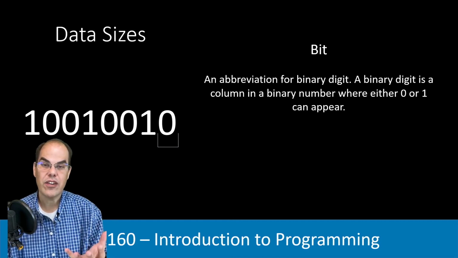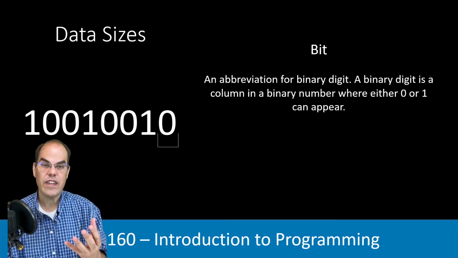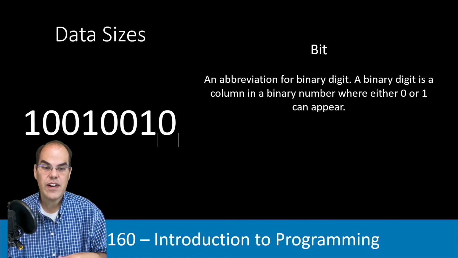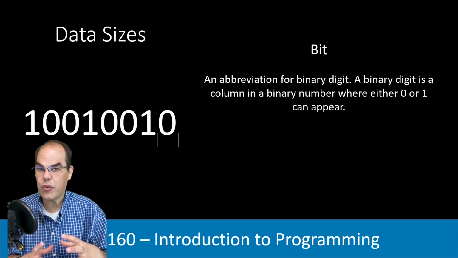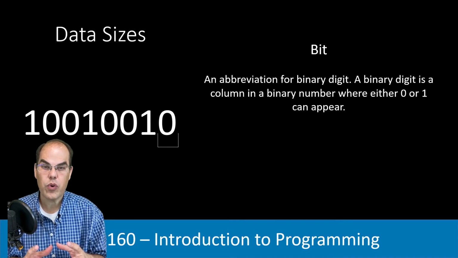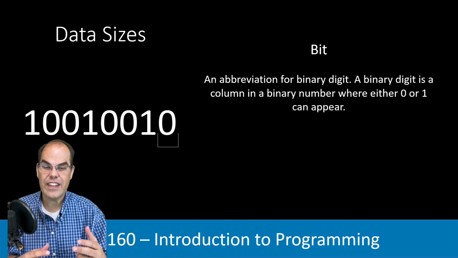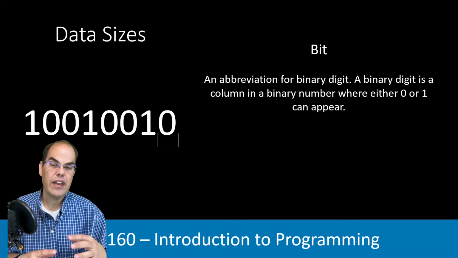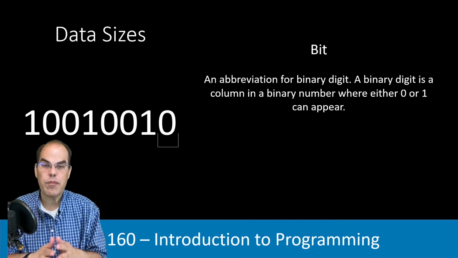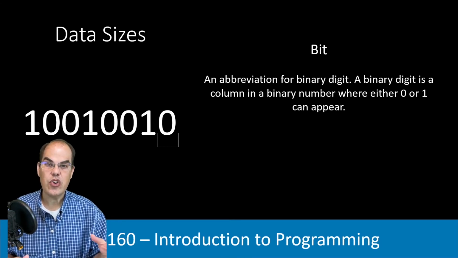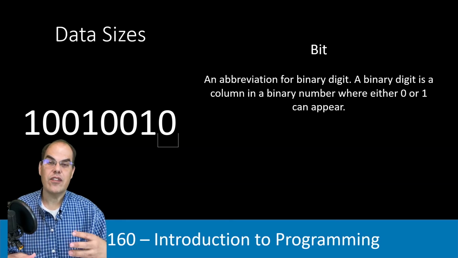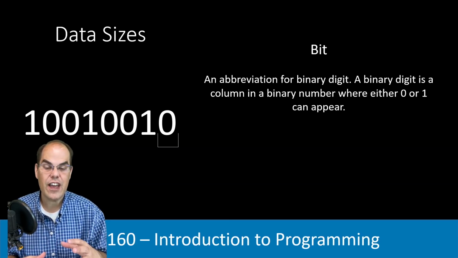Computers are binary systems. That means they only understand ones and zeros. And that's because of the hardware, because of the way computers work. Really on the inside, think about a whole bunch of tiny little light switches, and those light switches are either on or off. By putting those together in big long chains, you can represent numbers and represent letters and things like that.